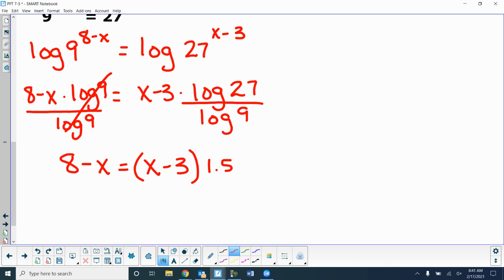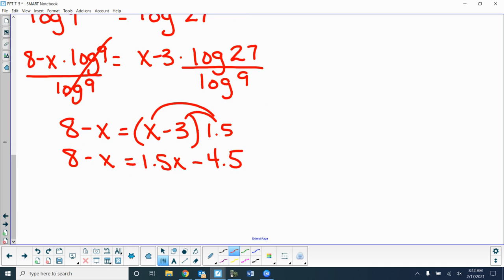Okay, now I distribute the 1.5. So I got 8 minus x equals 1.5x minus 4.5 when I distribute. All right, I'm going to add the x to this side. What's 1.5x plus x? 2.5x, right?